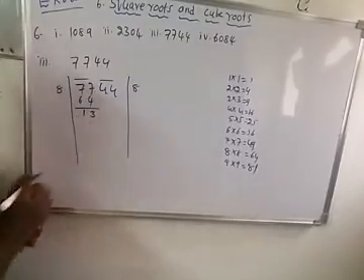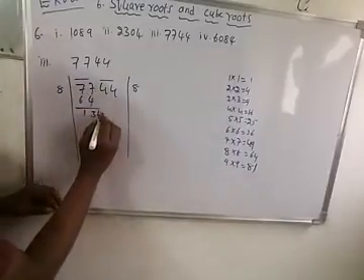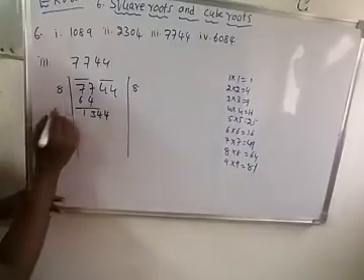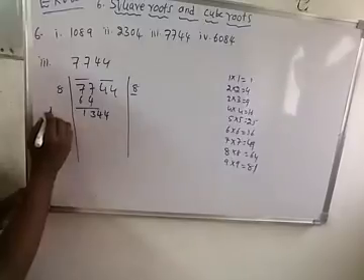Next we will take how many digits? 2 digits, that is 44. Now double of the 8 is 16. So double of the quotient is 16.